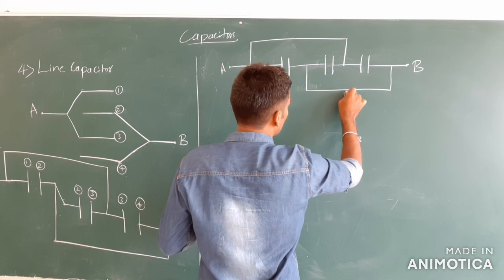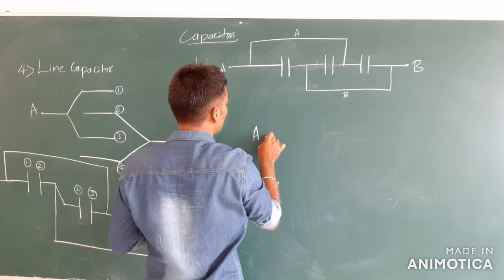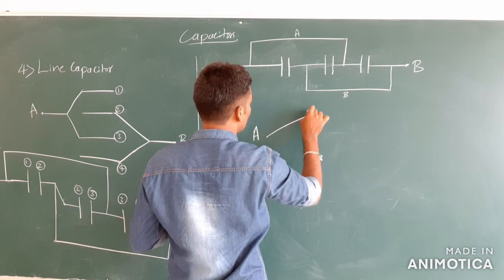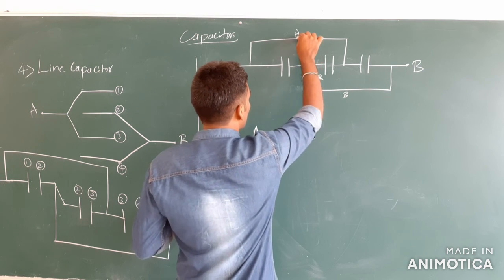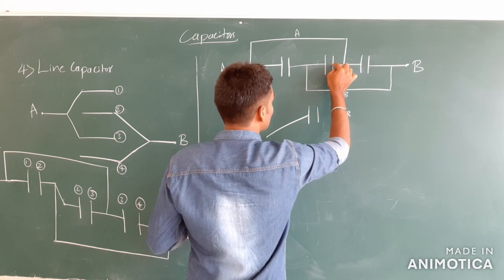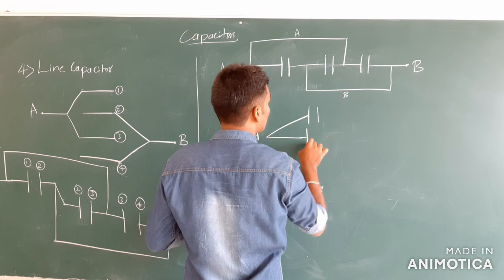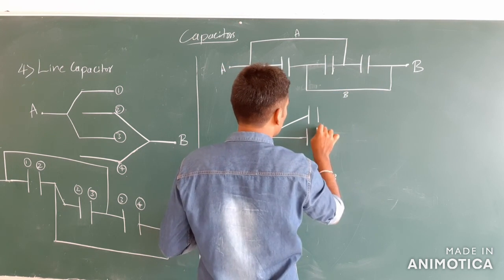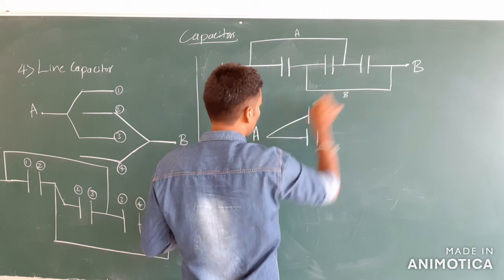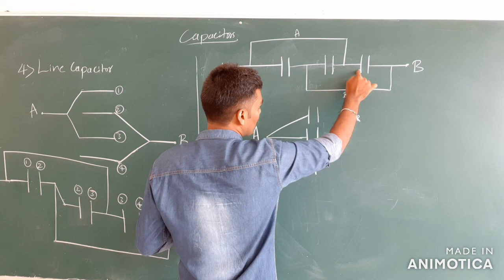So this is the point B and this is the point A, and from A there goes a connection to one terminal of the first capacitor, and from A there goes a connection to the terminal of both the second capacitor and the third capacitor. I'm sorry, this is the second capacitor, and there goes a connection also to the third capacitor here.